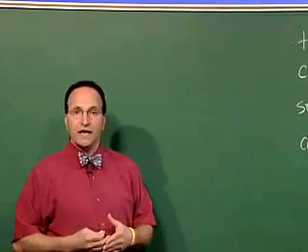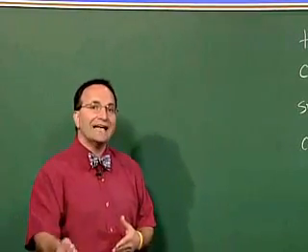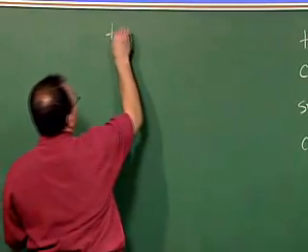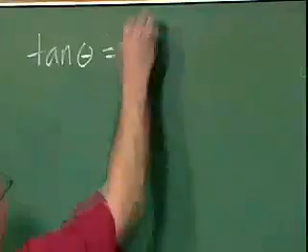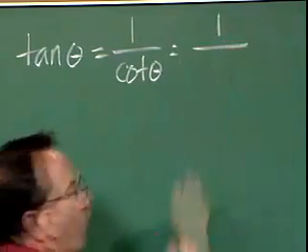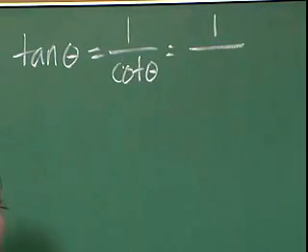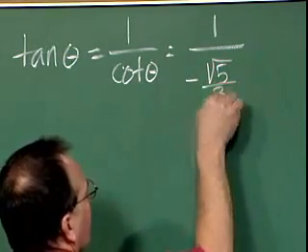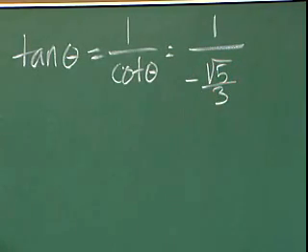We're given the cotangent of theta, and we know that the tangent is the reciprocal of cotangent. So tan theta equals 1 over cotan theta, which is 1 over, and then we were given the value that cotangent of theta is negative the square root of 5 over 3.